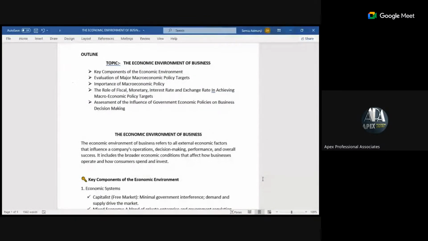But when it comes to fiscal policy, what the government is looking at is to regulate the rate at which taxation is being charged, so as to modify the economy. And it doesn't stop there. It goes further to also look at the various spending of the government: what are we getting, what are we spending, how are we spending it, what is the strategic direction?